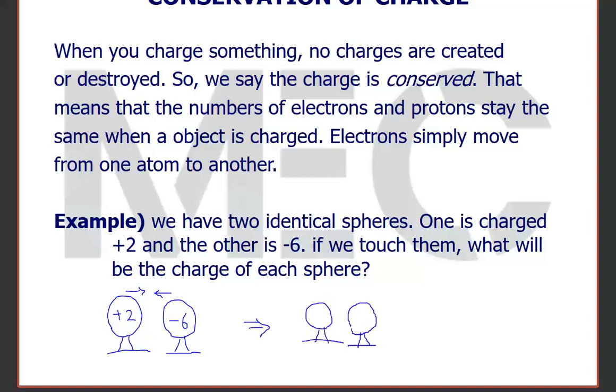So after touch, this will be negative 2 and this will be negative 2. Because we have a total of negative 4, before and after we must have negative 4. And because they're identical, based on the material of the metal and the size, the distribution will be even. So each one will be negative 2. We applied this based on conservation of charge.